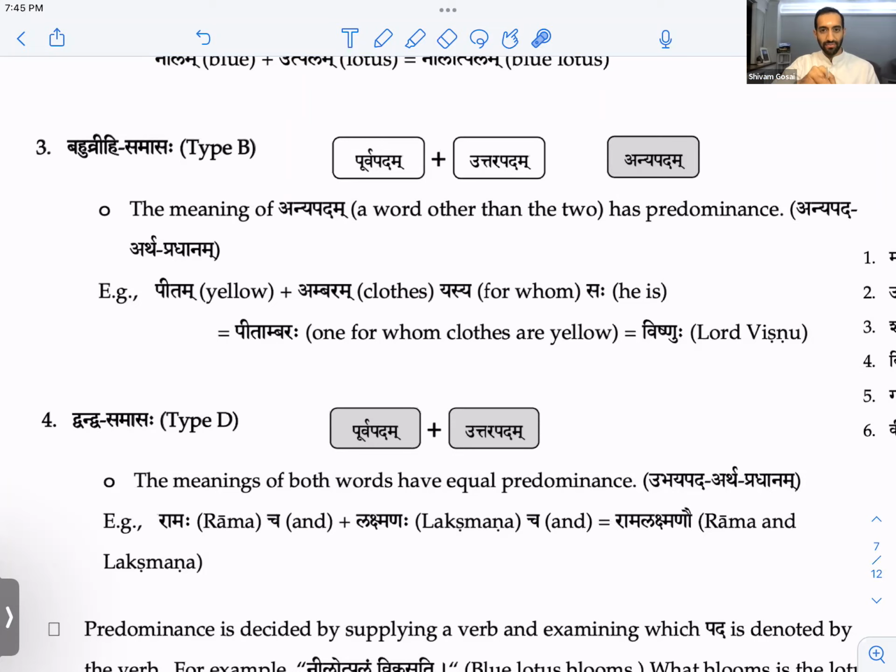So that means it'll take the gender of this Anyapada. Both of these words are neuter gender, but you see Pitambaraha is masculine because it's referring to Vishnu. It'll get the vachanam and the gender of whatever it's referring to.